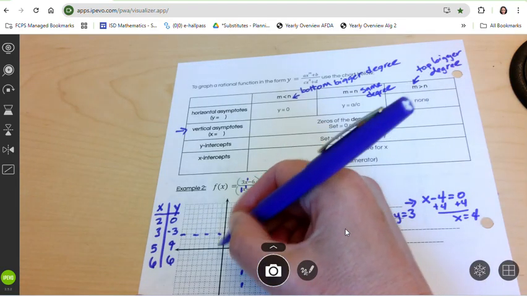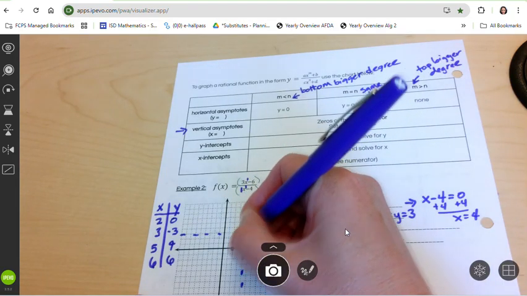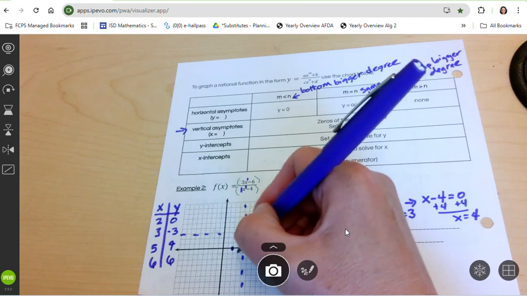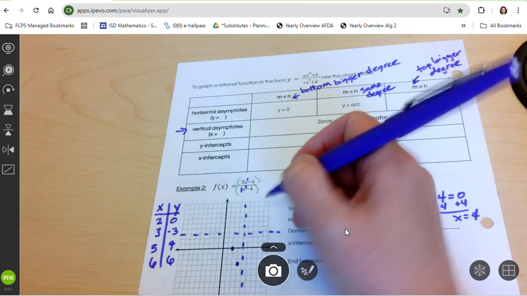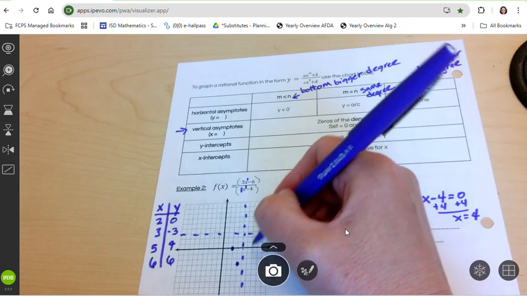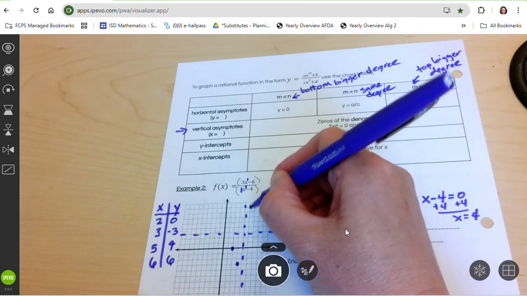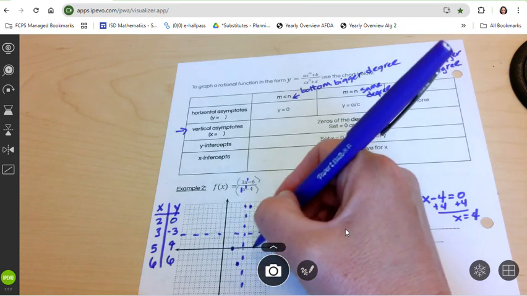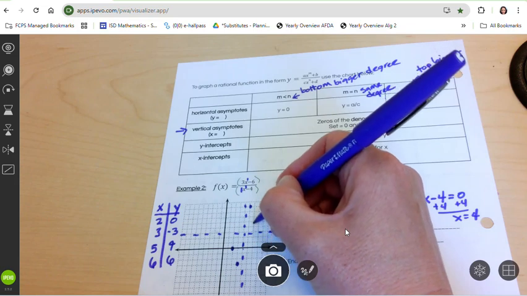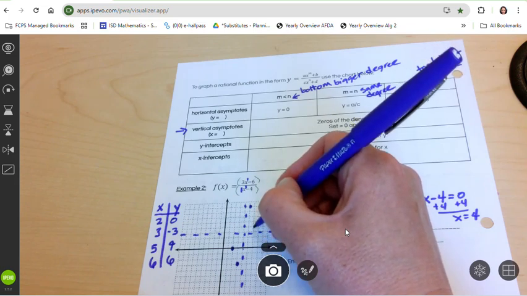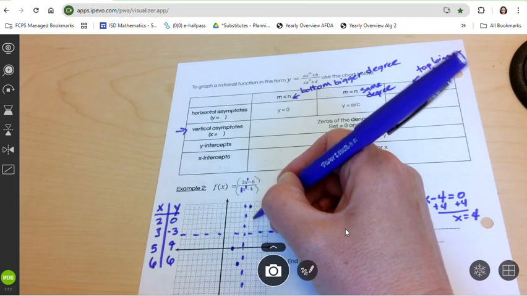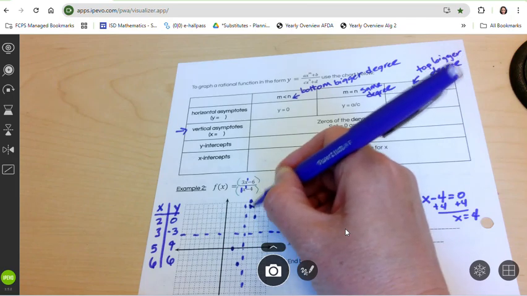Okay, so 2, 0, 3, negative 3, 5, 9, and 6, 6. Oops, I think 5, 9 is actually up here.